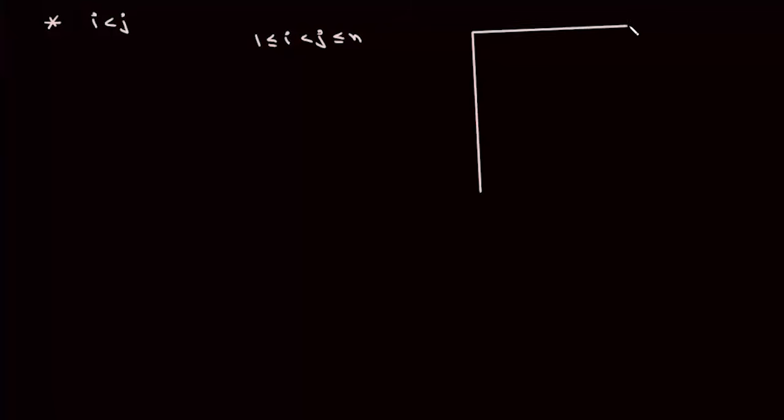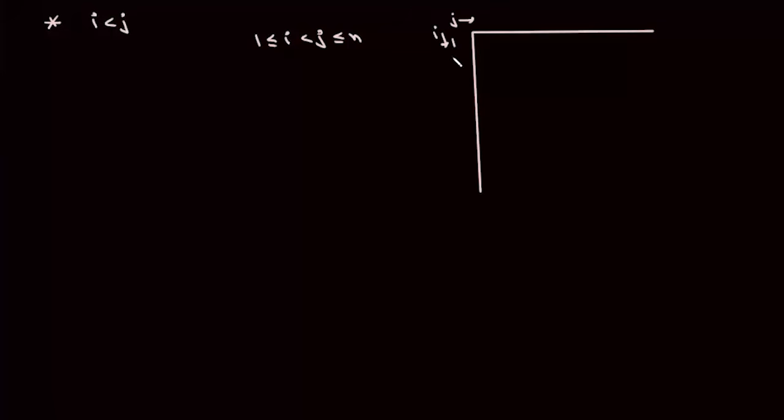Now there could be double summation problems where we have a condition where i is less than j. So suppose we have this condition that 1 is less than or equal to i, it is less than j, and it is less than or equal to n. Now we have to choose the region inside this rectangular grid. So this is your i and this is your j.